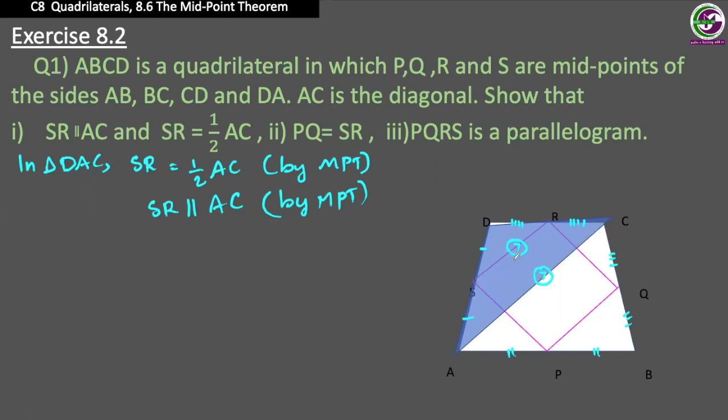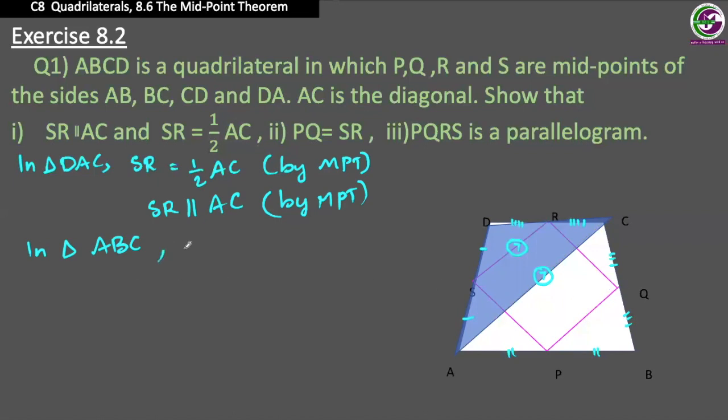Well, let's move on to the second part. We need to show PQ is equal to SR. For that, let us consider the triangle ABC. In triangle ABC, again, we can see that P and Q are the midpoints.